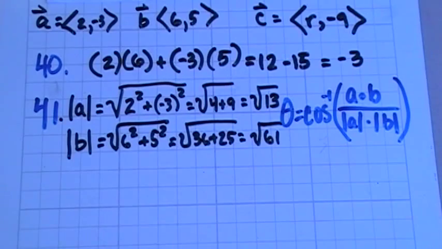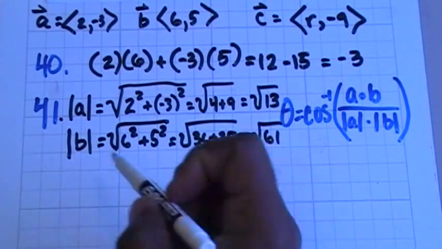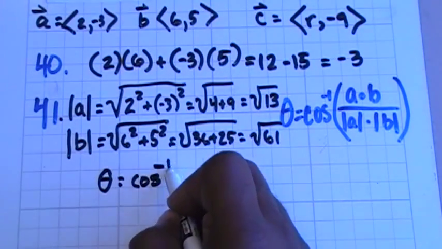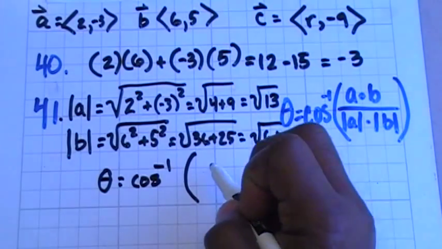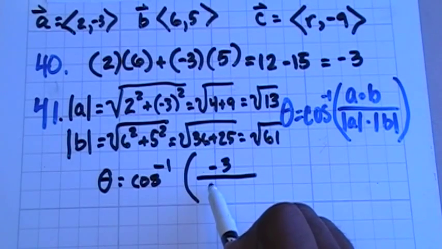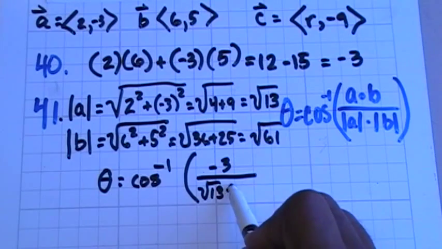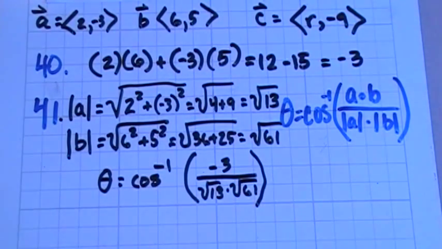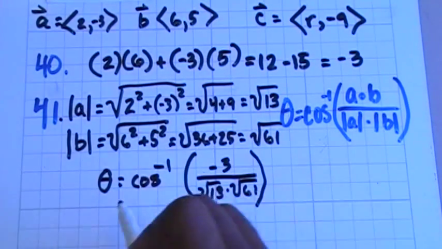All right, and so now we have everything that we need in order to find the angle between. Theta is equal to inverse cosine of the dot product of A and B, which is -3, over the square root of 13 times the square root of 61. In our calculator, we can multiply this denominator.